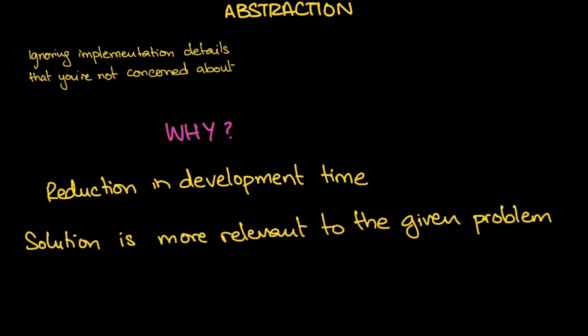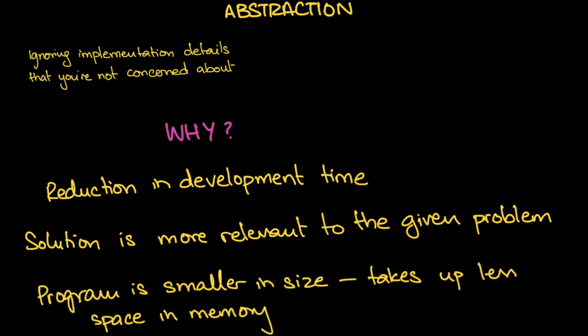A third advantage is more minor, but it's an advantage nonetheless: when we don't mess with details on that meticulous low level, we can build a program that is smaller in size, because we're only working with the bare minimum amount of details that we need. It'll take up less space in memory, and it'll be easier to maintain, use, etc.